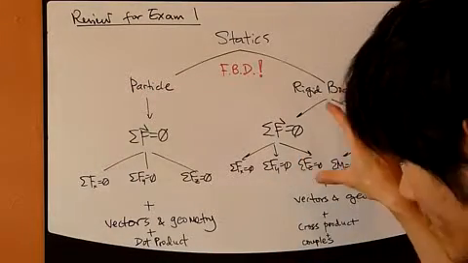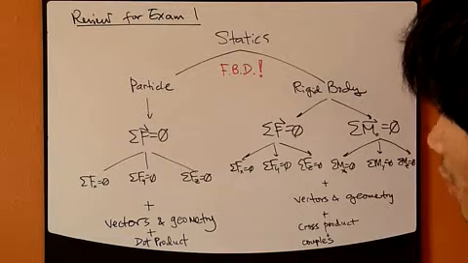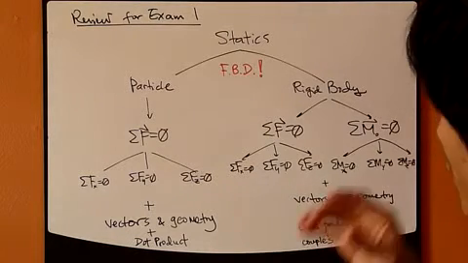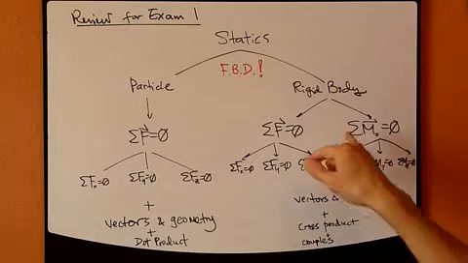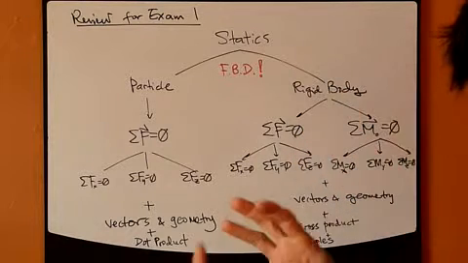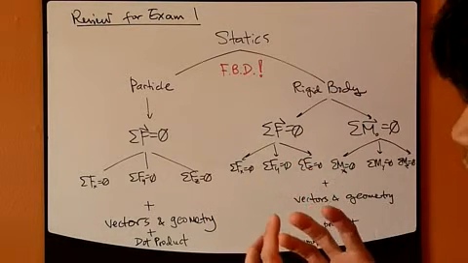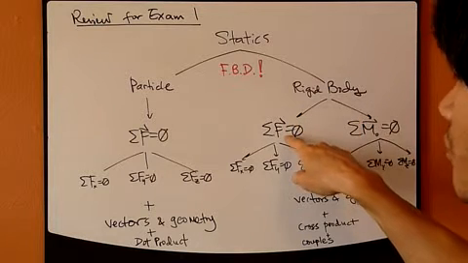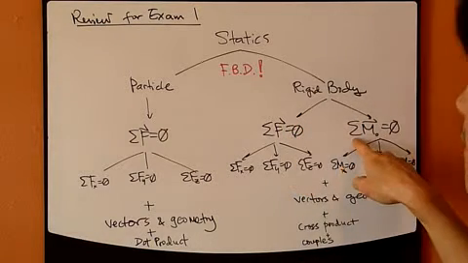Now rigid body involves rotation or the tendency to rotate. In order for a rigid body to be in equilibrium, it must satisfy two equations now: sum of forces as well as sum of moment.